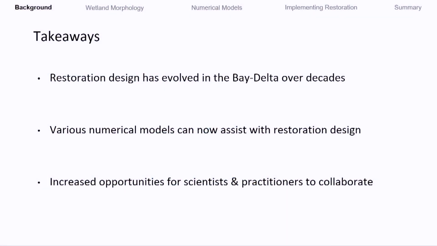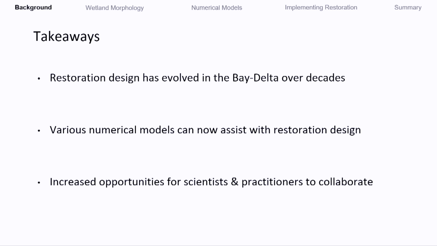So we're talking about this topic, again, linking restoration design alternatives with functional fish habitat in tidal wetlands. We'll jump into some takeaways just to orient you with what we plan to talk about. As you may know, restoration design over the last 20 or 30 years has evolved a lot in the Bay Delta.